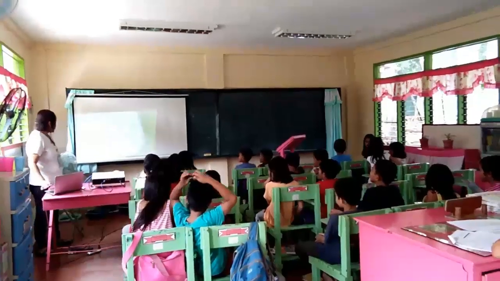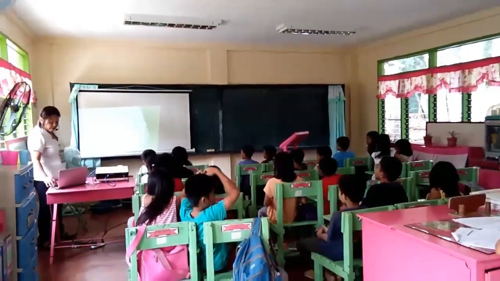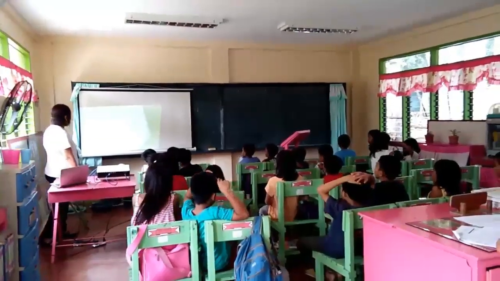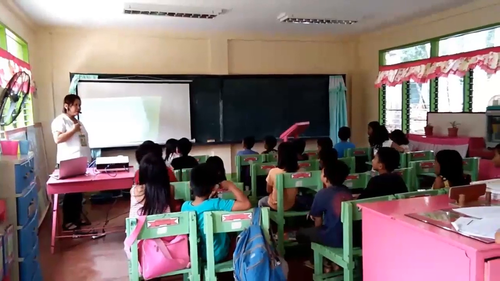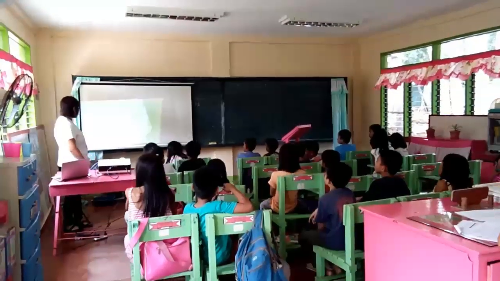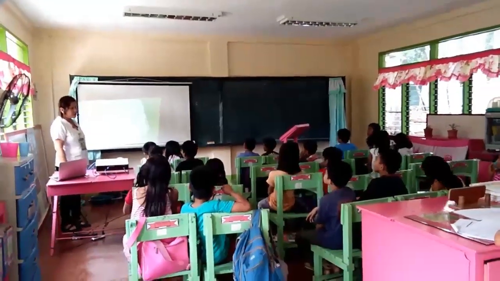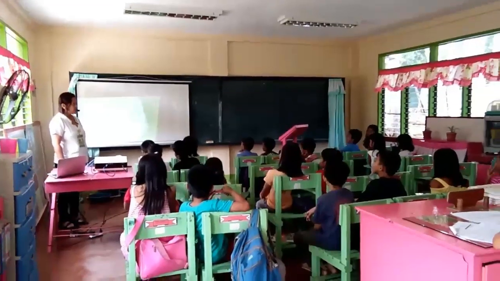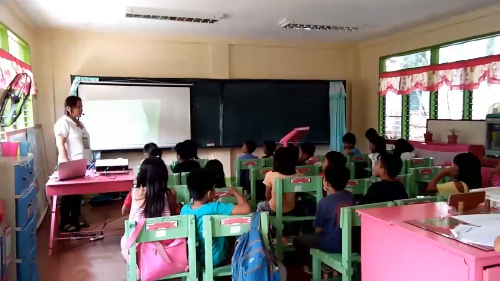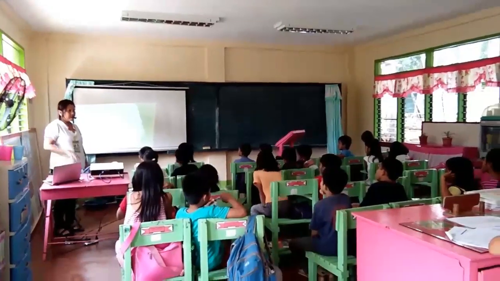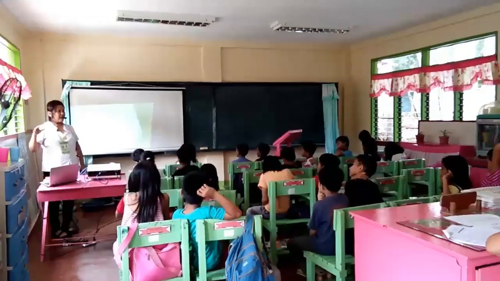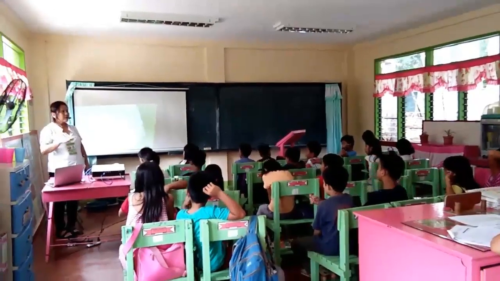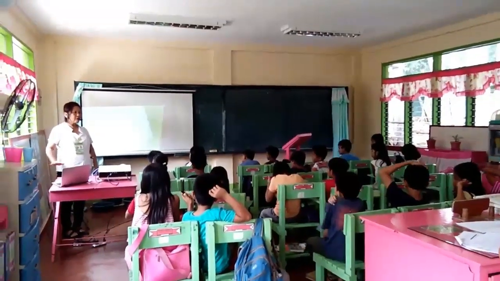Next question. What might have caused the area to look like that? I will be the one to answer it first. So it looks like that because of erosion. So the soil is eroded. There was already the platform of the soil and it was not already level to the ground.